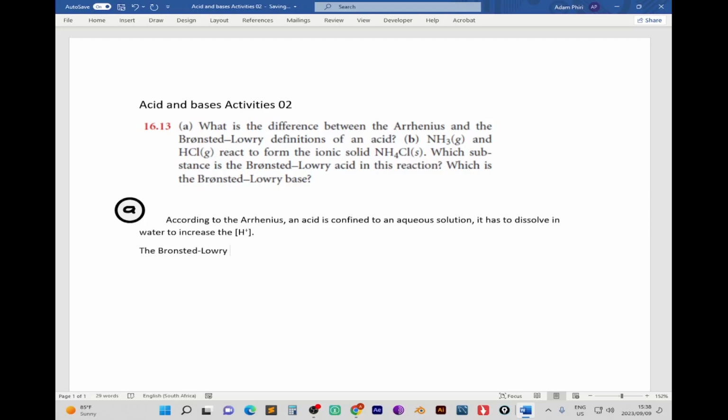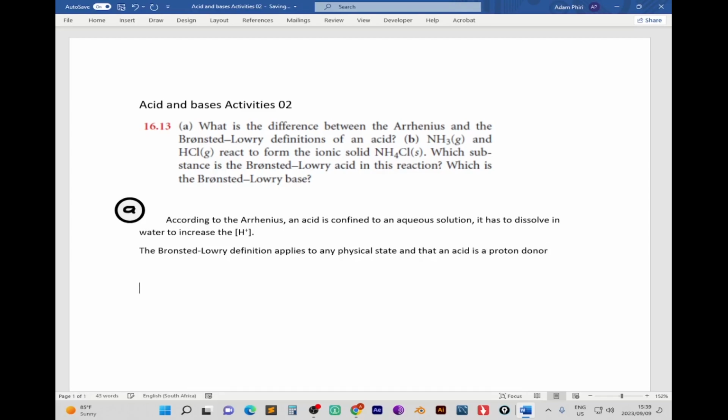Arrhenius' definition was not discarded, though it had limitations, because most acids really do participate in an aqueous environment. So Arrhenius acids are confined to aqueous solution. It has to dissolve in water to increase the concentration of hydrogen ion.